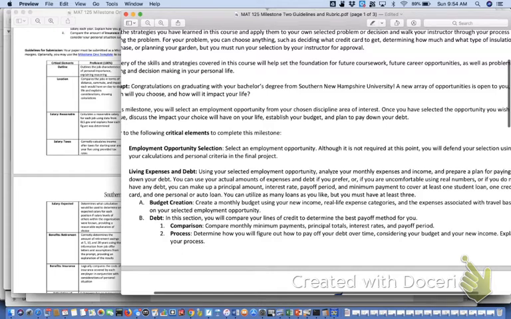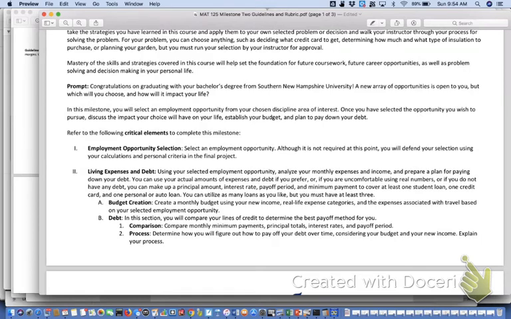It said in the prompt, right here where employment opportunity selection, although it is not required at this point, you will defend your selection using your calculations and personal criteria in the final project. This one portion right here is the only thing that needs to be different between your milestone 2 and your final submission.